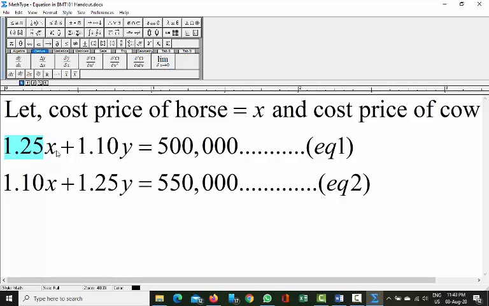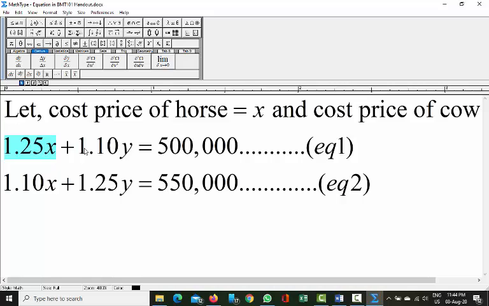Since the cost is not 1 taka but X taka, the cost of the horse is X taka, we will multiply it by 1.25 into X. Again, you can make a 10% profit on the cow.